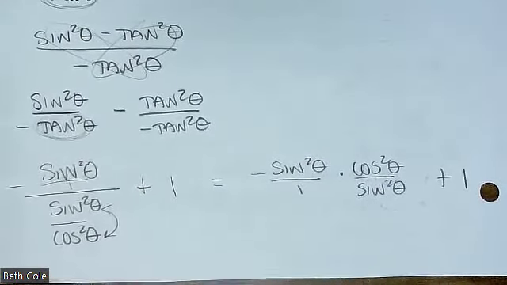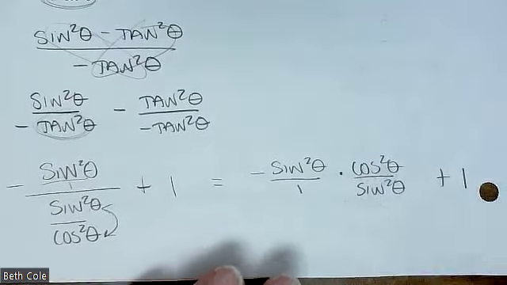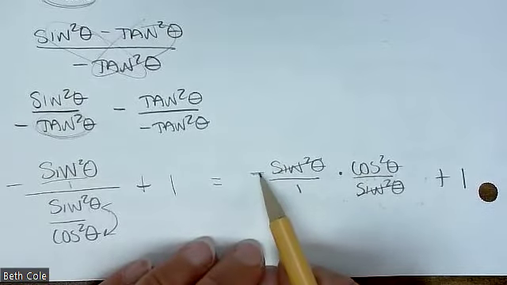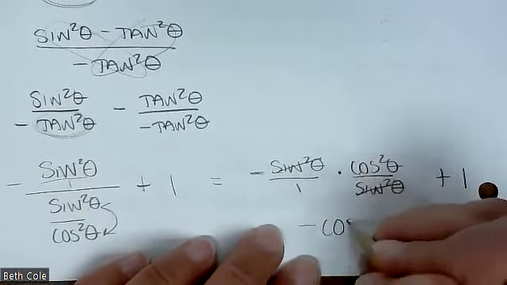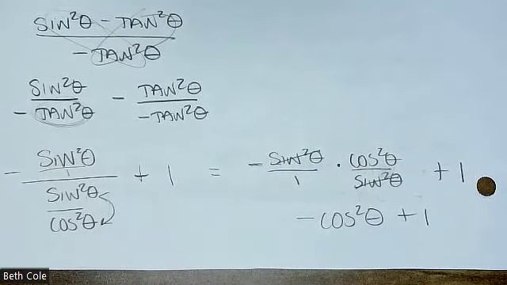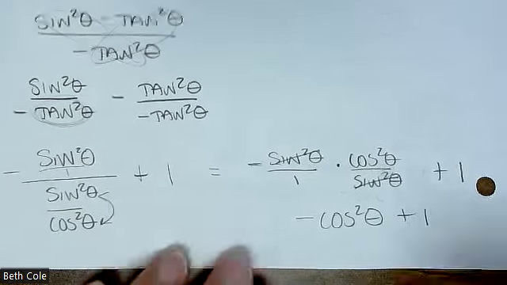But nearly there, what's going to cancel now? All right, the sine squareds cancel. That leaves you with negative cosine squared +1. So what can you replace negative cosine squared +1, or 1 minus cosine squared, so to speak, with? Sine squared. And is that what was on the other side of the equal sign?